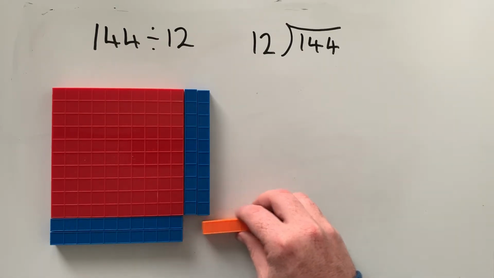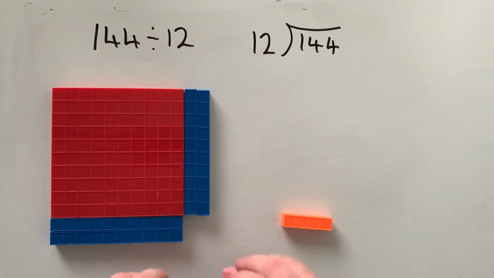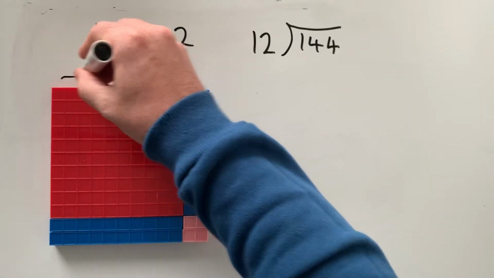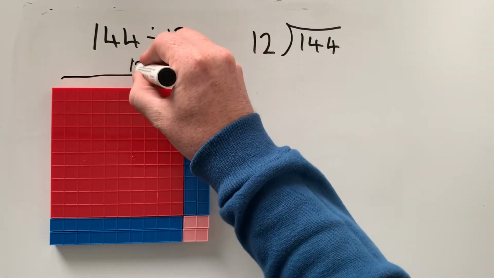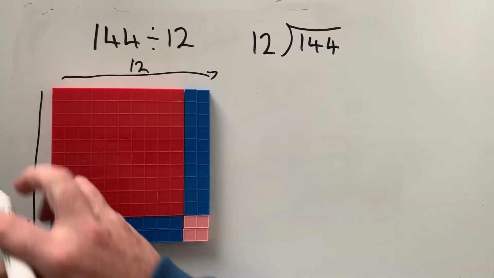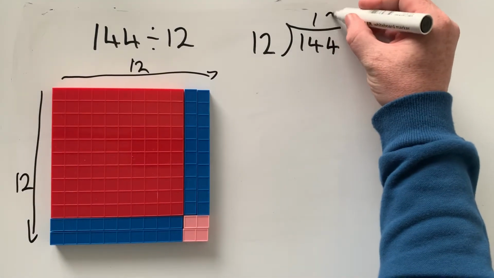That won't fit, but I can change it over for 2 2s. Put that away. And 144 divided by 12 is 10, 11, 12. 144 divided by 12 equals 12.